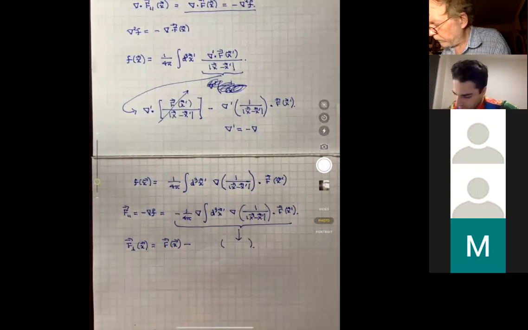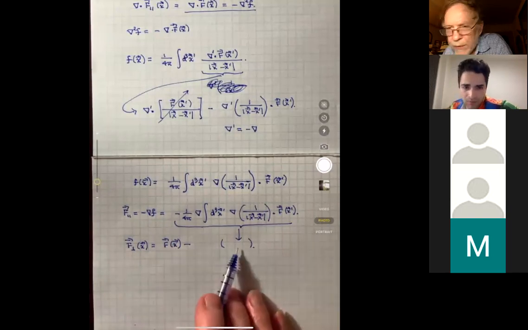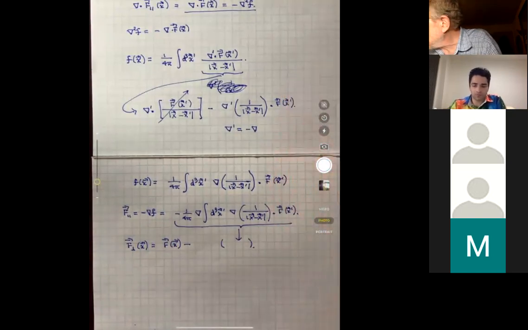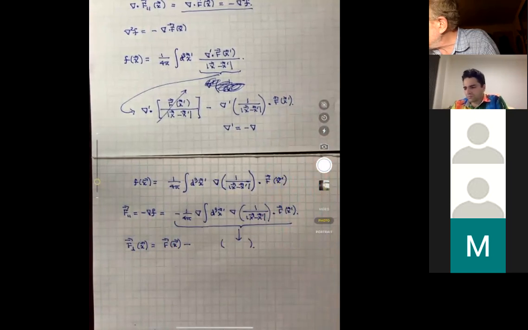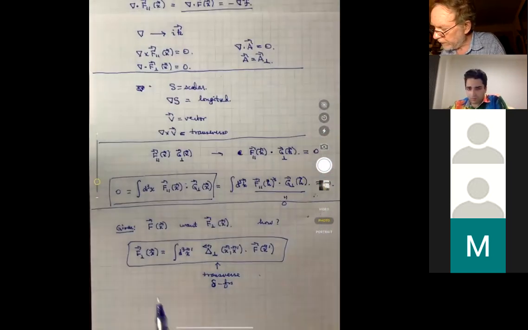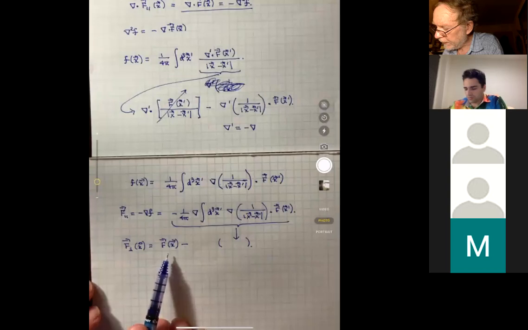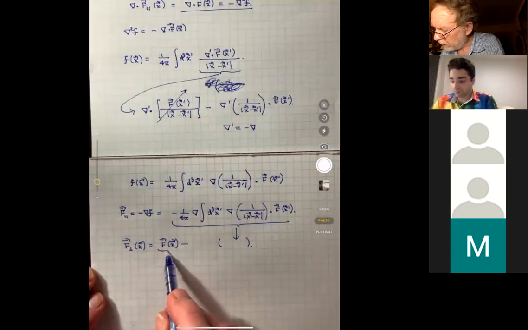Okay? Now, it is convenient, however, to write the entire right-hand side as an integral transform. That's what we want for the transverse delta function. If you'll recall, let's see if I still have it here. It's right here. This is the kind of expression we want. We want the whole thing to be an integral transform. So we need to take this first thing, which is kind of an identity, and turn that into an integral transform as well.